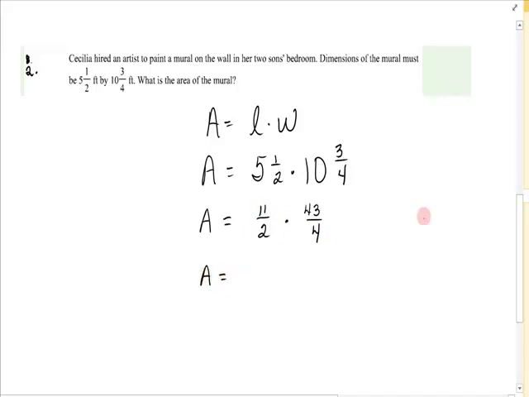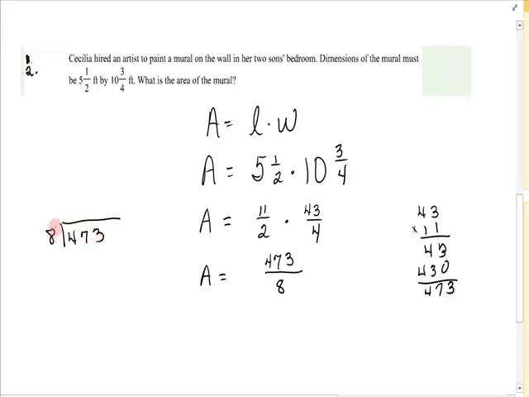So multiply the tops. 43 times 11, that's 43. 0 placeholder, another 43, that's 473. So the numerator is 473. 2 times 4 is 8. Now I can't leave an improper fraction, so I take 473 and divide it by 8.